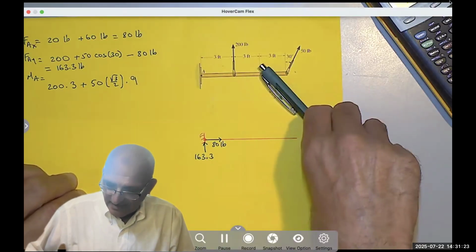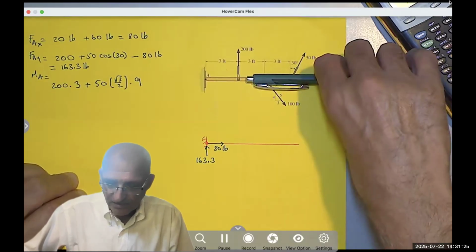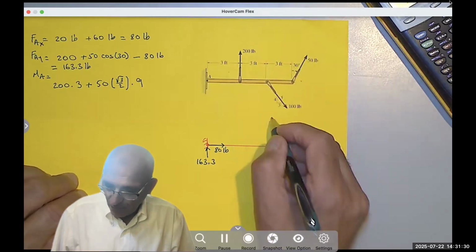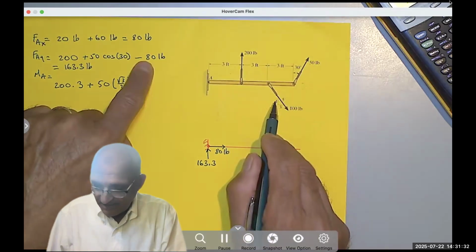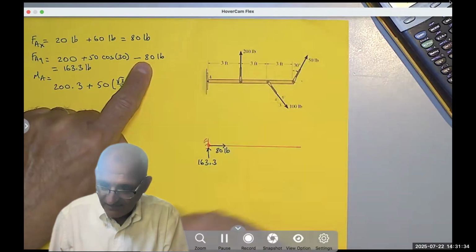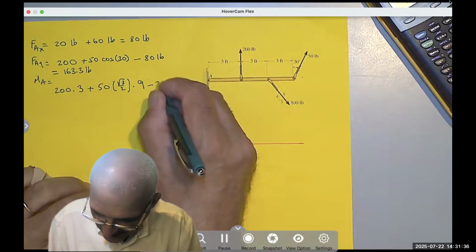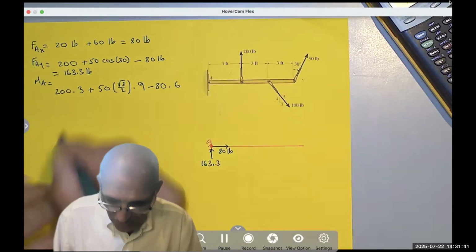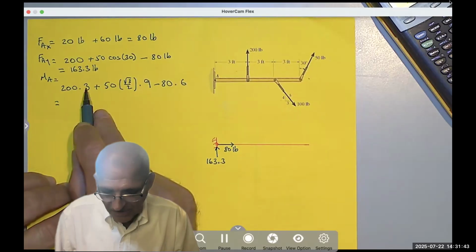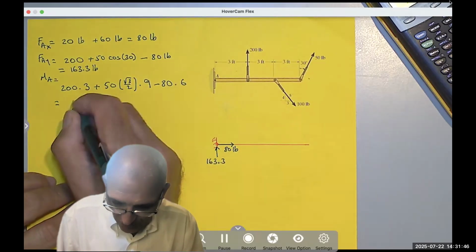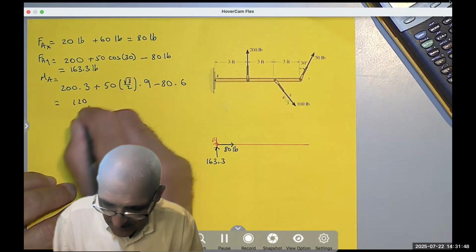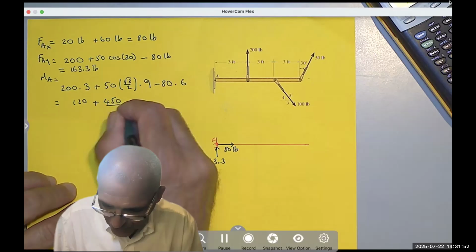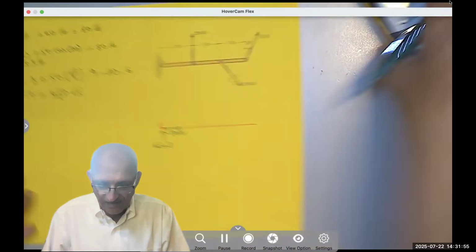On the other hand, this guy has a horizontal component that passes through A, so it doesn't produce rotation, and a vertical one, which is the 80, but this one is going clockwise, so it's negative. So minus 80 times 6, 3 and 3. So I get 600 minus 480, that's 120, plus 9 times 50 is 450 over 2√3, or 225√3.